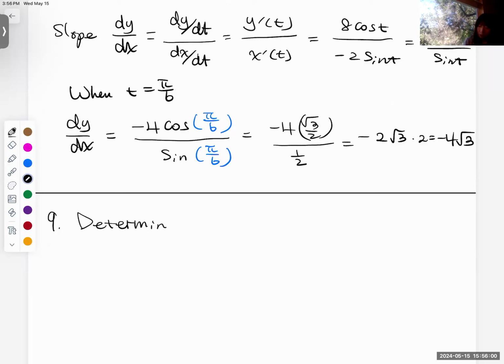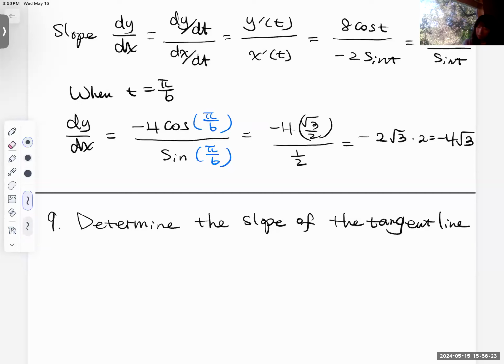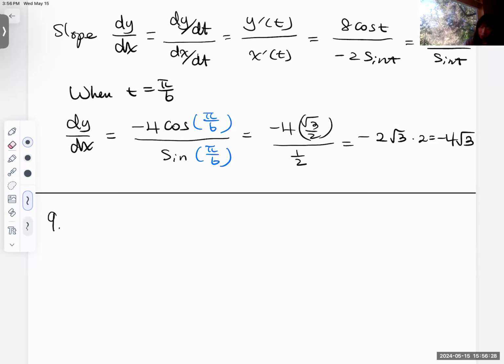Determine the slope of the tangent line. Find the equation basically. And then find the equation of tangent line, right?